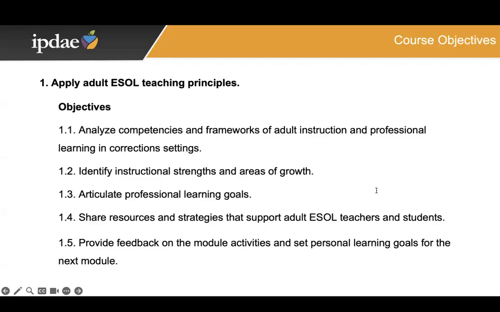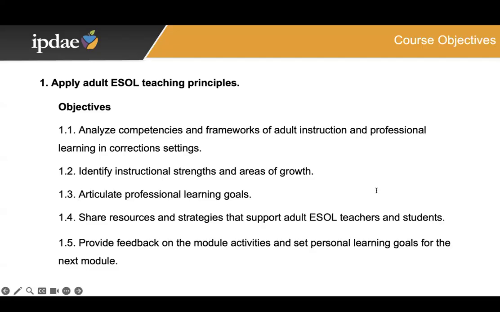So we try to leverage those strengths, those experiences, as much as possible to share among course participants. Of course, these course participants are going to be you all, those across the state, potentially across the country, in correctional facilities that are teaching in similar situations, with similar students. So this is an opportunity to share resources, ask for resources, and to really build our archive of resources to then share with our colleagues.